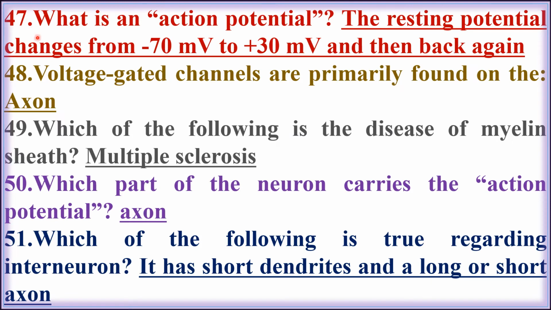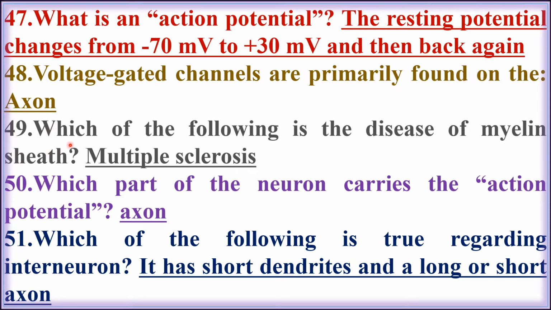Next, what is an action potential? The resting potential changes from -70 millivolt to +30 millivolt and then back again is called action potential. Next, voltage gated channels are primarily found on the axon.